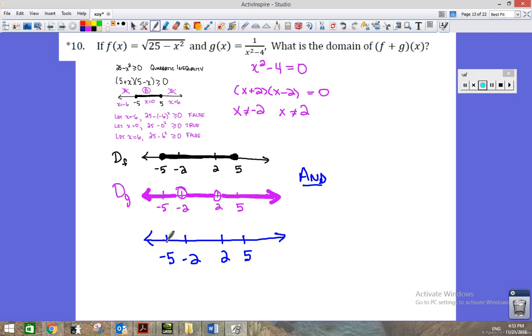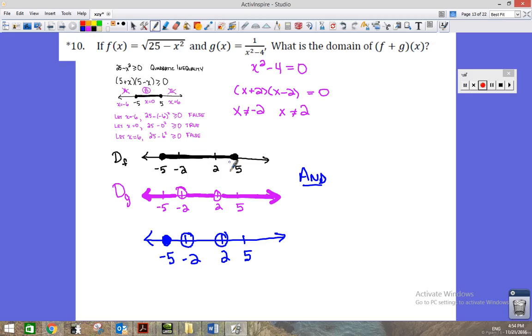Are they in both sets? Yes, so they'll be in my intersection. But -2 is not in both. It's in the domain of f, but it's not in the domain of G. And 2 is not in the domain of G, so it can't be in the domain of the intersection. It has to be in both to be in the domain of intersection, like 5.